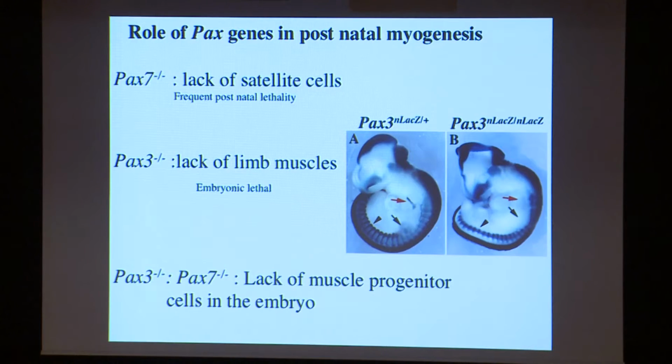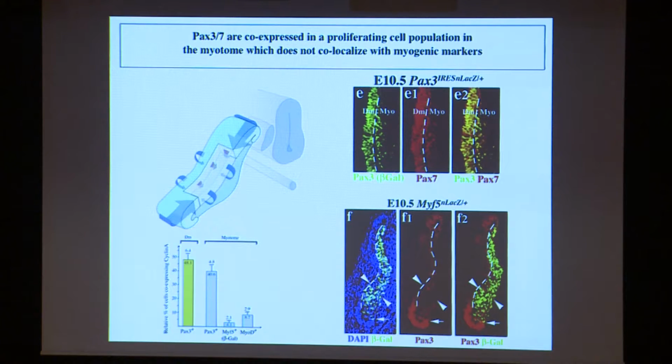the course of development. And I'm afraid not to have enough time, to be honest, and I may not go through the description of all the results I'm presenting here. What I just wanted to do is to show you what is called the dermomyotome, which is the upper part of the somite here.